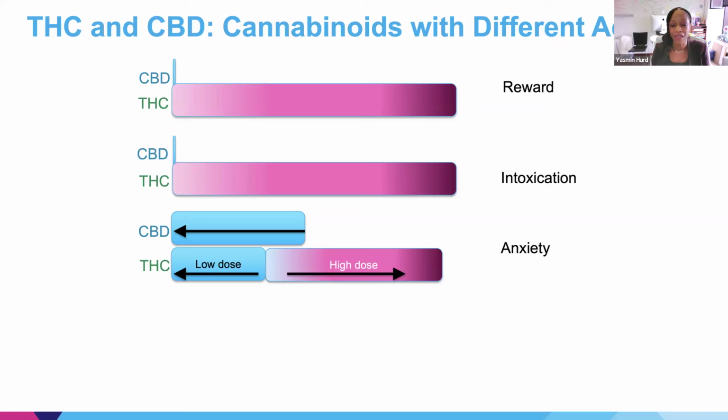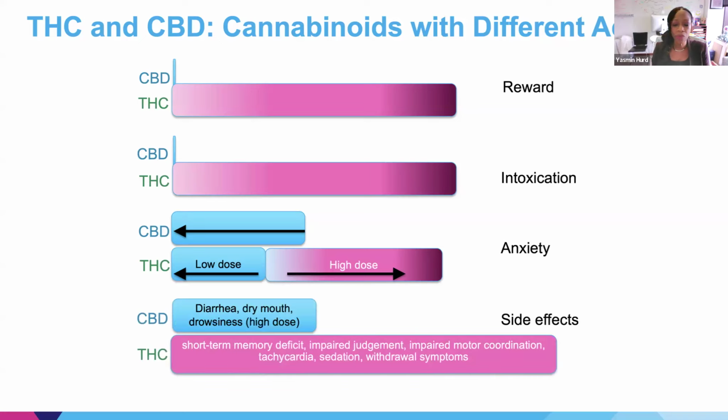It increases anxiety. And when we talk about side effects, the use of high THC cannabis plants is associated with deficits in short-term memory, deficits in judgment, impaired motor coordination, and even increased heart rate, sedation, and withdrawal symptoms.